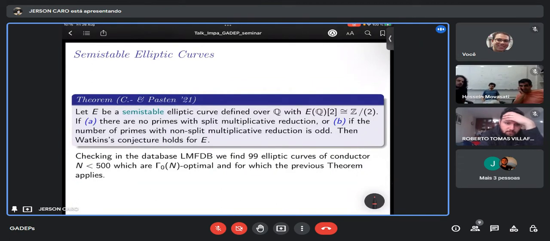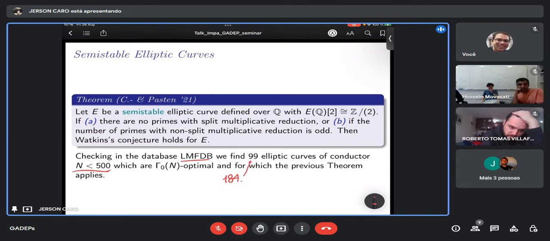And I want to point out that these two conditions happen frequently. For example, using the LMFDB database, we can notice that there are 184 isogeny classes of elliptic curves with conductor less than 500.